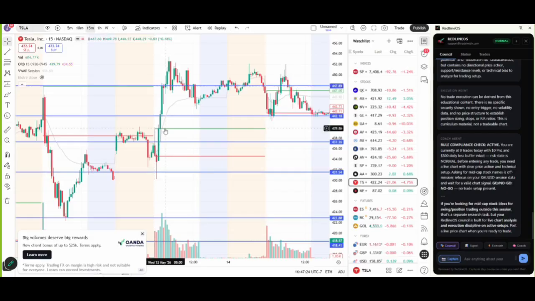Then my entry point is 439, and then my stop loss. The stop loss is where I'm wrong. So if the price goes down to $437.11, then I was wrong, and I'm going to get out of that trade. That's what a stop loss is. But if it keeps going, then my take profit is probably going to be at $447.89. I don't know if that answered that question.